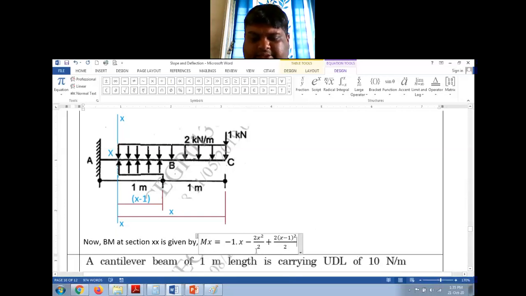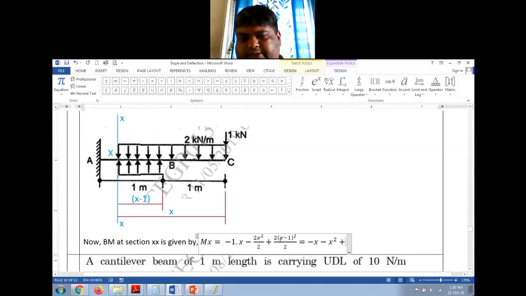So this is the equation for bending moment at x. Now I'll just simplify this. So this is equal to minus x minus x square, plus 2 by 2 gets cancelled.